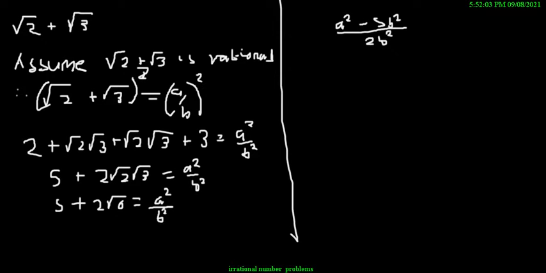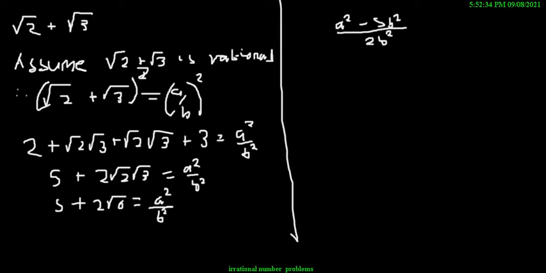Now the main trick about proving irrational numbers, for situations like this, is that we have to have rational numbers on one side and irrational numbers on the other side, so that a rational number cannot be equal to an irrational number, and we can say this is a contradiction. That is the main trick about irrational numbers.